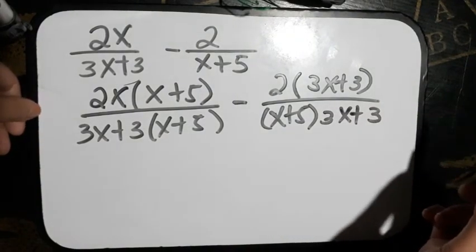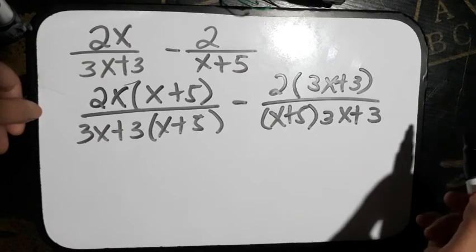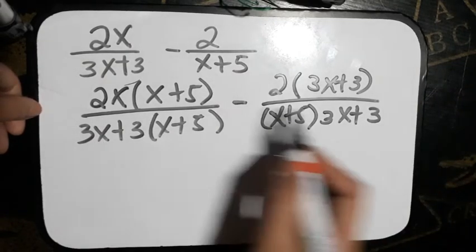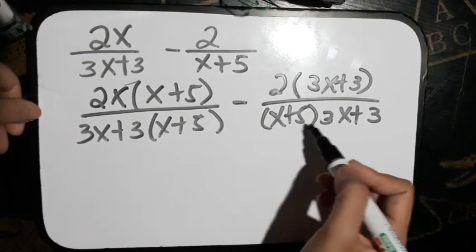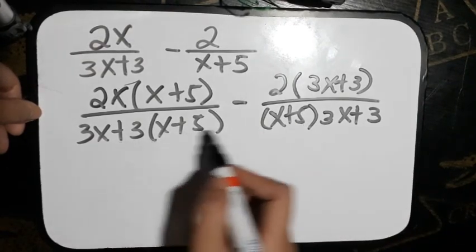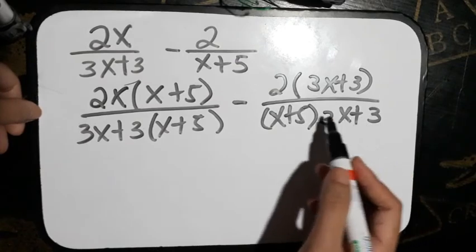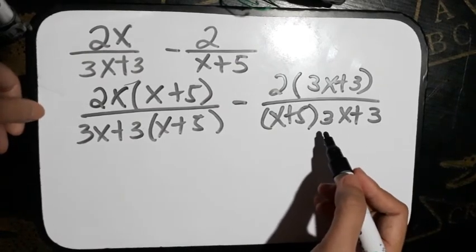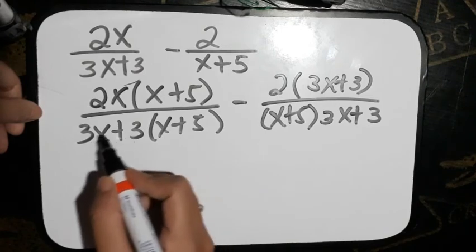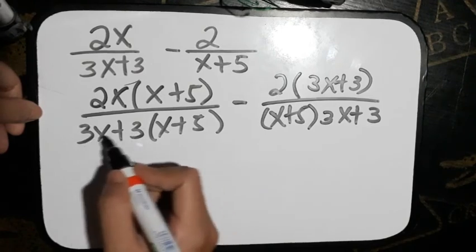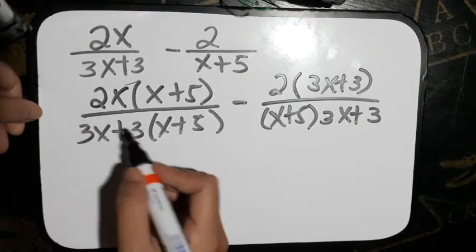Now, after that, we first need to copy the base. The denominator is already the same, so we can copy it. Now, we can simplify our denominator. This one has a common monomial factor, so we can bring out 3.